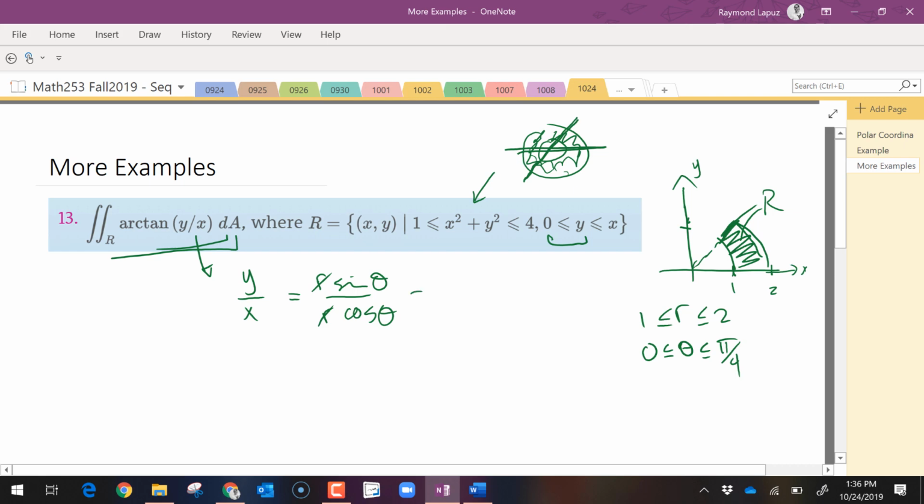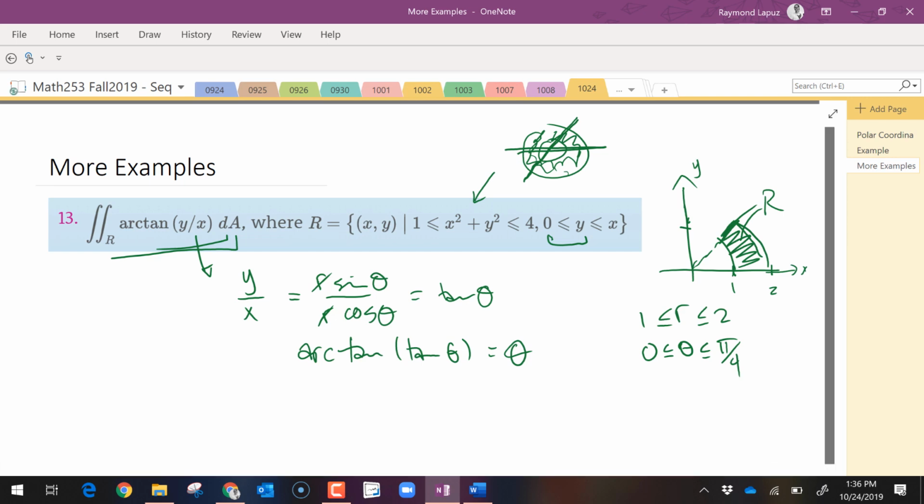Arctan of tangent theta is what? I just went over this with some pre-calculus people. And this is only true, by the way, if your theta is restricted between minus pi to pi, which ours is. It goes from 0 to pi over 4, so we're all good. So that is our integrand.